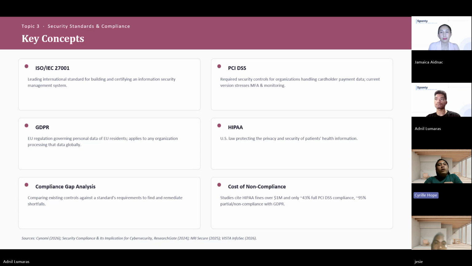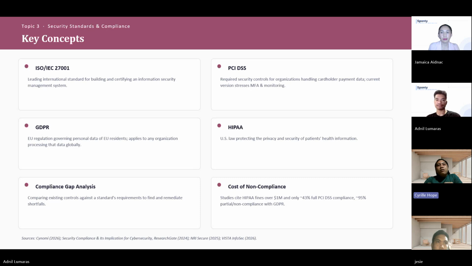It is an ongoing operational discipline, and most organizations, even large ones, are still working toward full alignment at any given time. Part of the difficulty is that most organizations must satisfy more than one standard simultaneously.